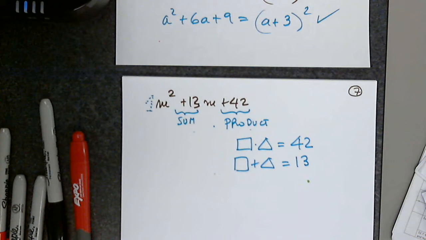So if you look at what I wrote, a square and a triangle, I'm going to put two numbers in there whose product is 42 and whose sum is 13. Now, because the product is positive, both numbers have to have the same sign. They have to be either both positive or both negative.